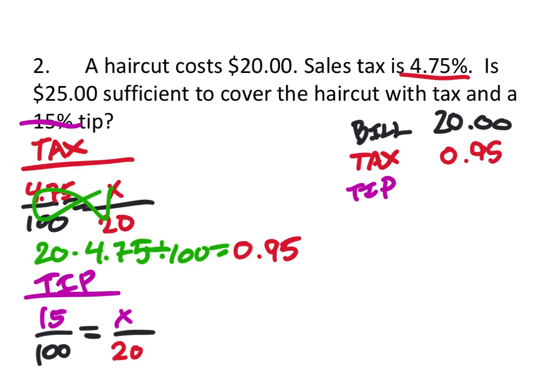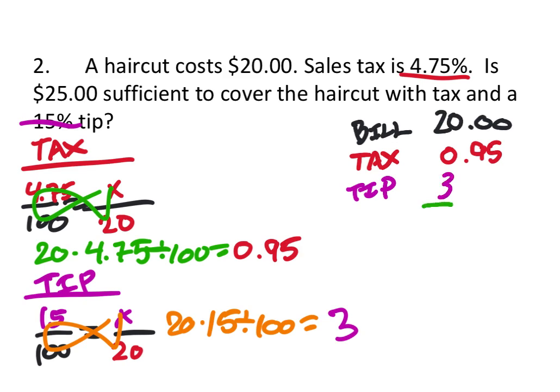And from here, we'll use some fish method to solve this. So again, we have 20 times 15 divided by 100. And whatever this equals, that's how much the tip is. So 20 times 15, I'm just using a calculator, divided by 100 equals 3. So that's a $3 tip right there.